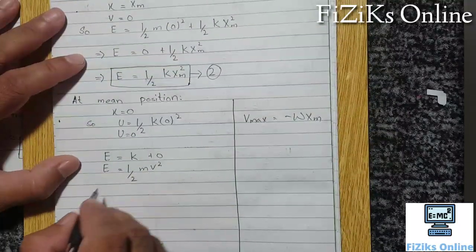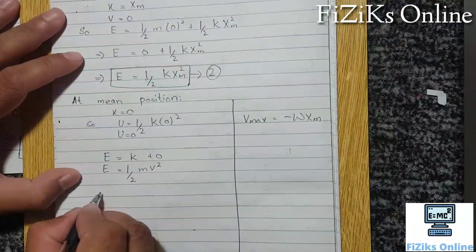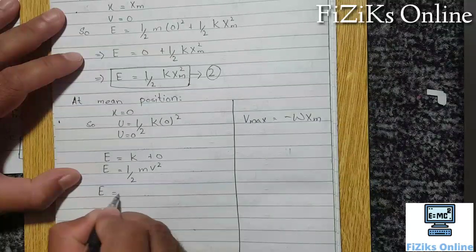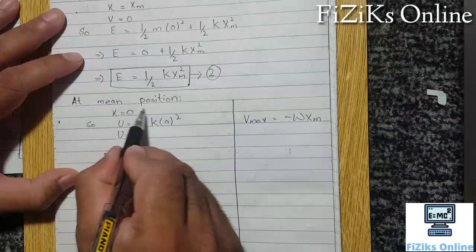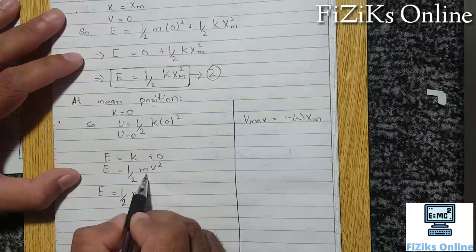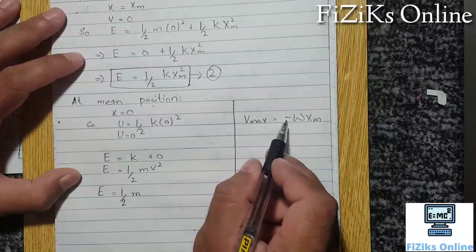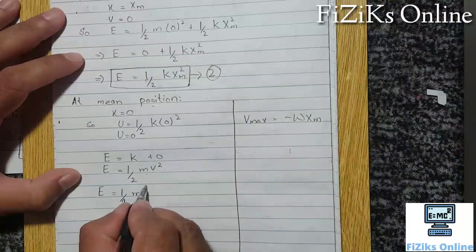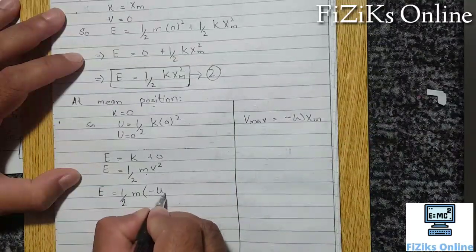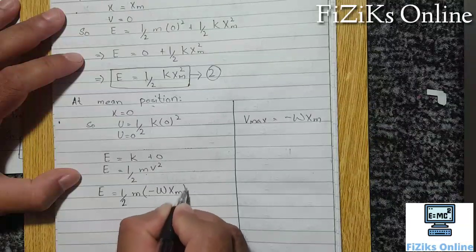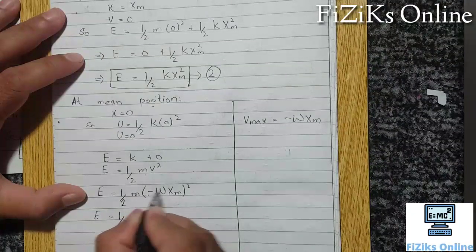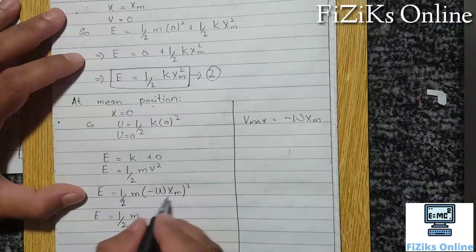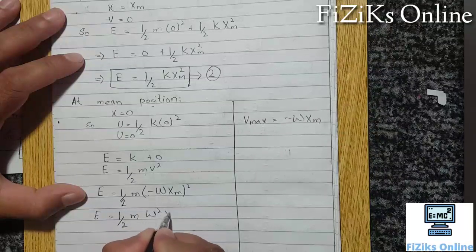Velocity is maximum at the mean position and the maximum velocity is omega xm. So E equals half m omega square xm square.